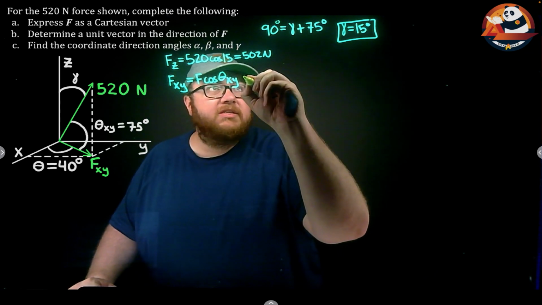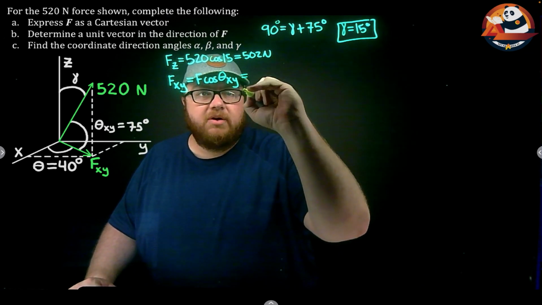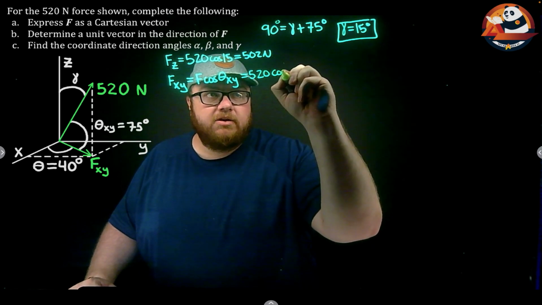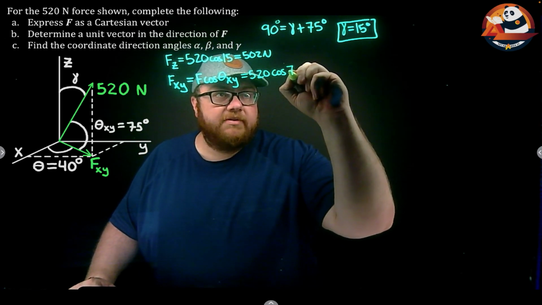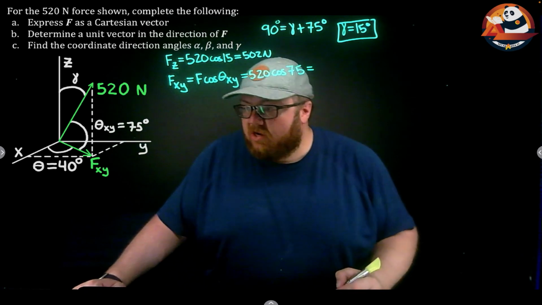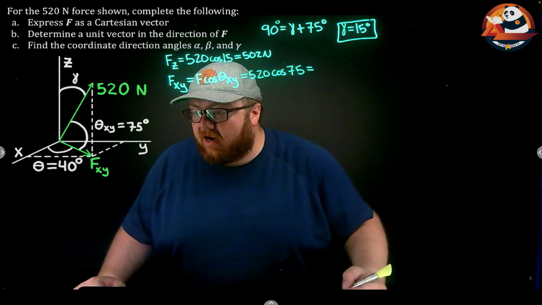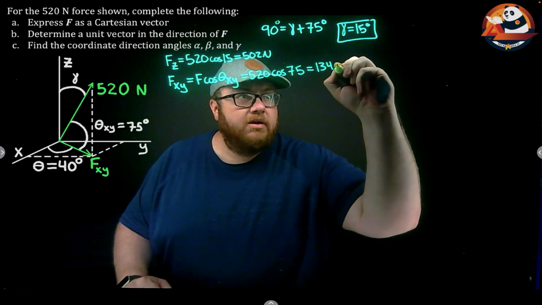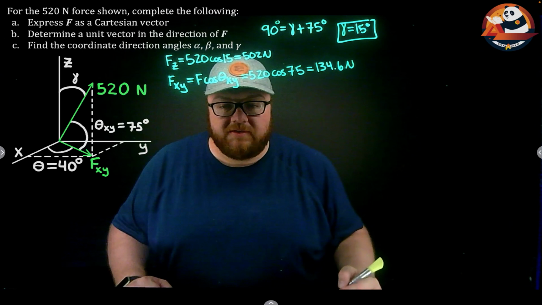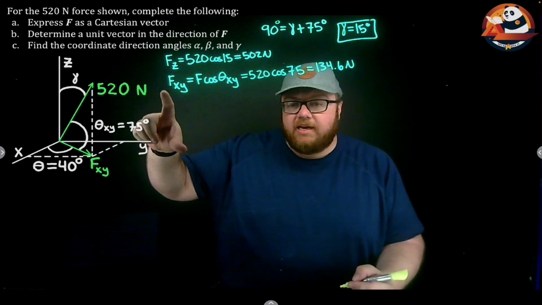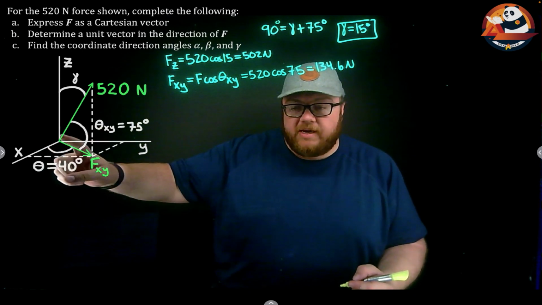My total force is 520. So this is 520 cosine 75. Or my Fxy works out to be 134.6 newtons.